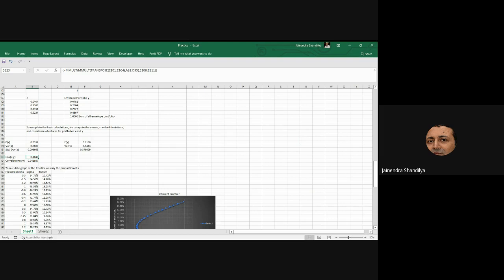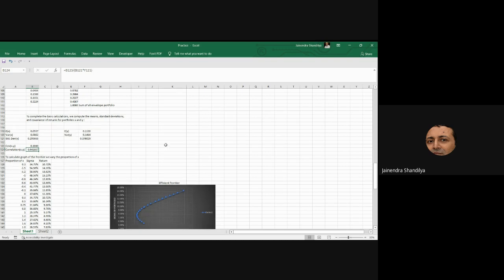One is the vector X's multiplication with the variance covariance matrix, and then vector Y. So here we first take the transpose of the envelope portfolio, and we multiply with the variance covariance matrix, and then we take the other portfolio, whose values we have given in terms of X's and Y's, and then we get covariance. Once you get covariance, correlation is just a formality. We divide covariance by the individual standard deviations.